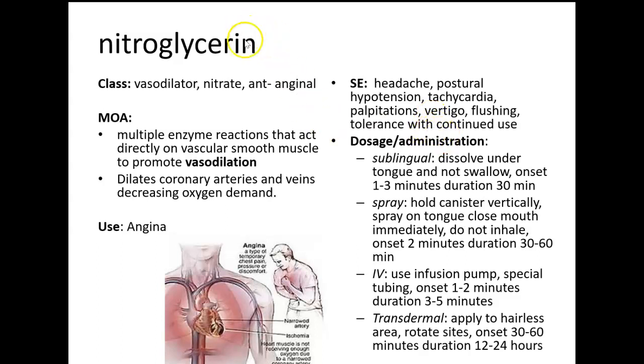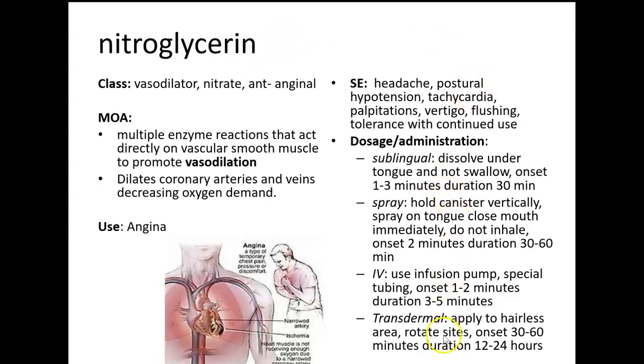And the problem with nitroglycerin is that you develop tolerance with continued use, meaning that your body gets used to it and the drug gets less and less effective. So can't take nitroglycerin forever for angina. Eventually, either the angina is going to resolve because the patient's in better health, or the patient will probably go on to have an MI.